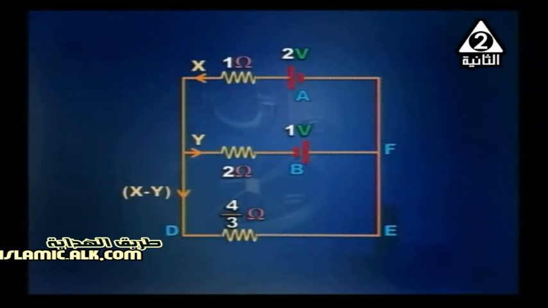Let me say it again. Let x be the current that passes through the 1 ohm resistor, and part of it, equal to y, passes through the 2 ohm resistor. So the other part which passes through the 4/3 ohm resistor is x minus y.